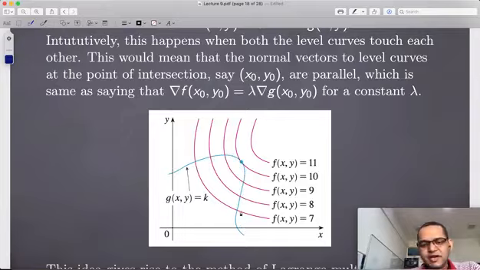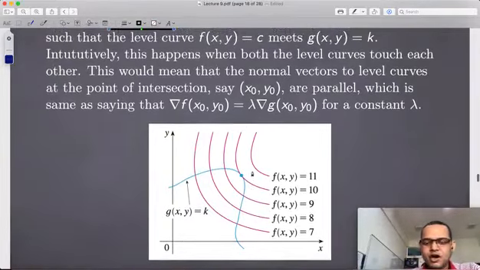The maximum is going to happen when the level curves of f meet the level curve given by g at a point, that means they touch each other. If they don't touch each other, then the maxima or minima will be shifted, so we have to look for another level curve of f accordingly. So this maximum is going to be at a point where these two meet.